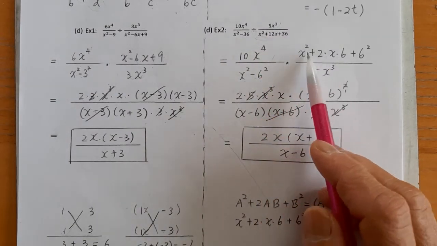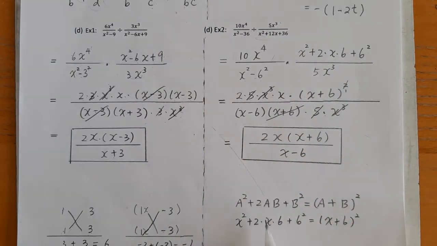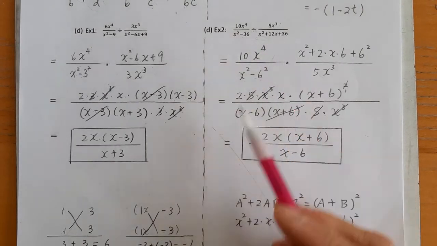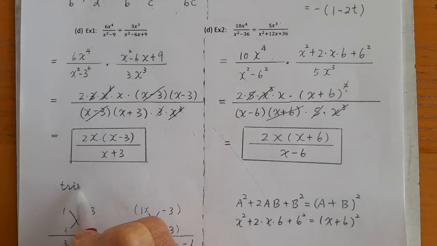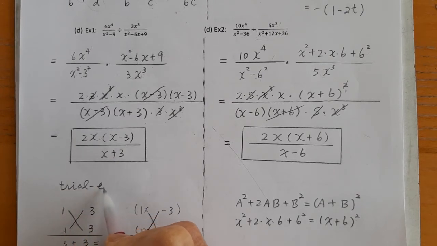I write it this way because I'm going to use this formula. You can factor this by the trial and error method.